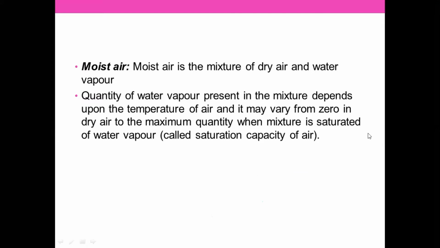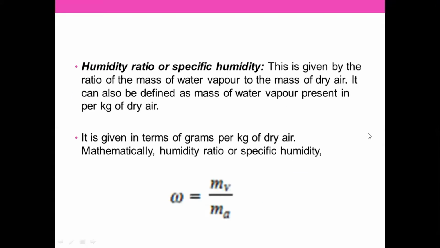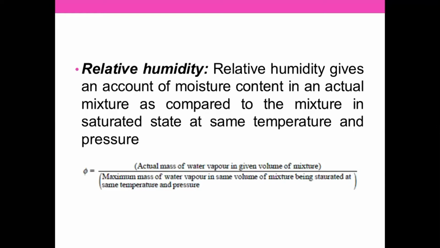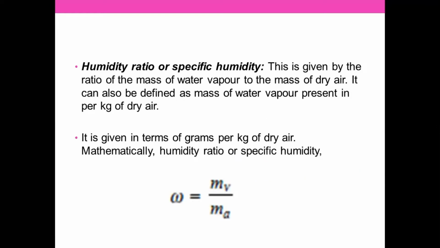The next we will see about the humidity ratio or specific humidity. Why do we have to see these terms? Because throughout this air conditioning system, we have to continuously use these terms: dry air, moist air, humidity ratio or specific humidity, and relative humidity. Okay. So what is humidity ratio or specific humidity?